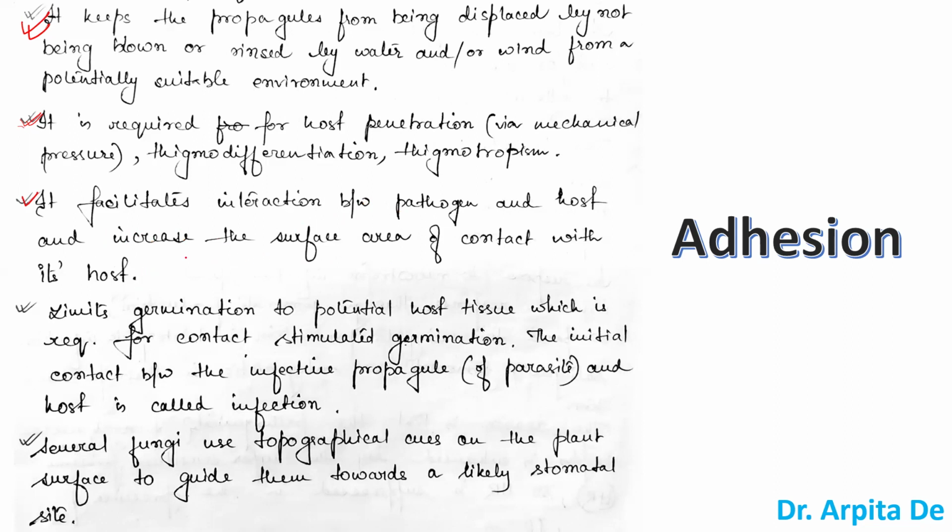So surface area of contact is very important. If it becomes too little, then it is difficult for the pathogen to interact with the host. So increasing the surface area of contact is very important. Next, it limits germination to potential host tissue, which is required for contact-stimulated germination.